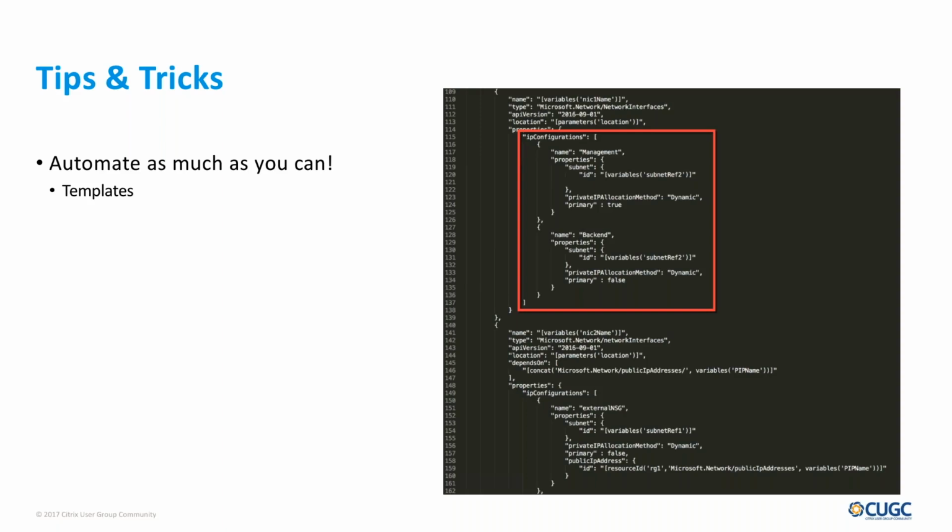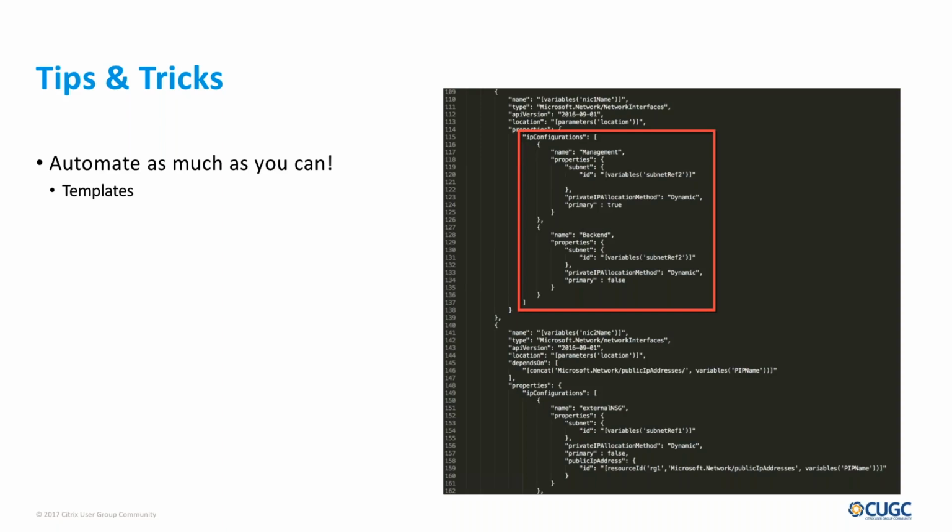On the right side, you can see the IP configuration for a management and for a backend IP address running on the same network interface. And below, there's a second network interface with a different IP configuration for the front-end communication.